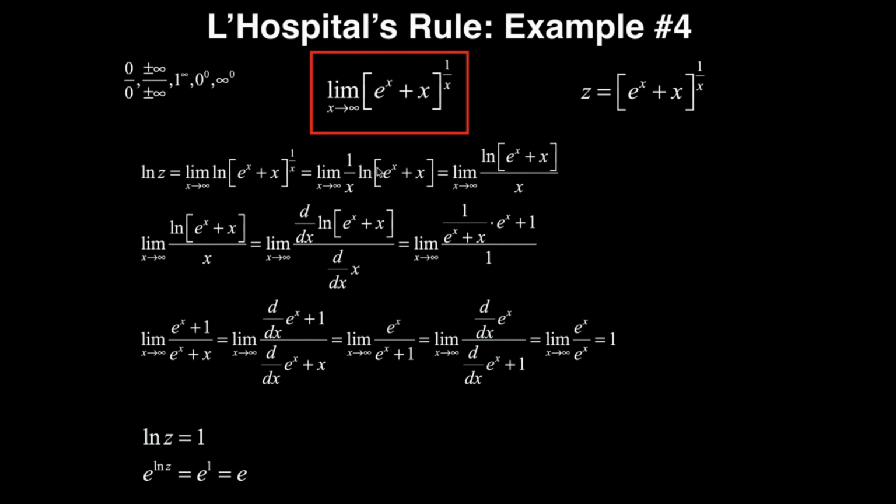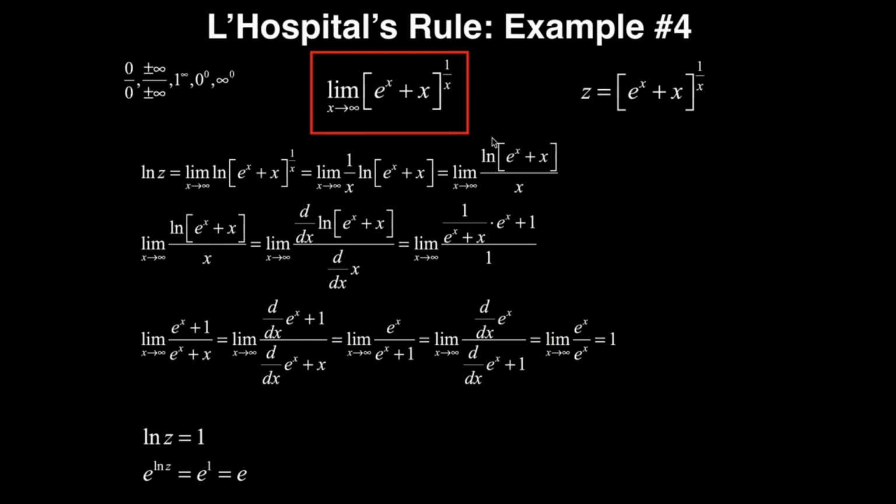And because I have this thing times 1 over x, the x can effectively be a denominator. So I have the limit as x goes to infinity of the natural log of (e to the x plus x) all divided by x. And now that I have this form right here, I have an explicit infinity over infinity, because if I plug in infinity, the numerator is infinity and obviously the denominator is too.